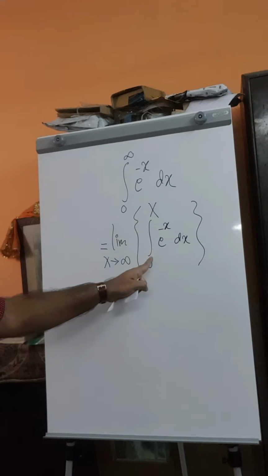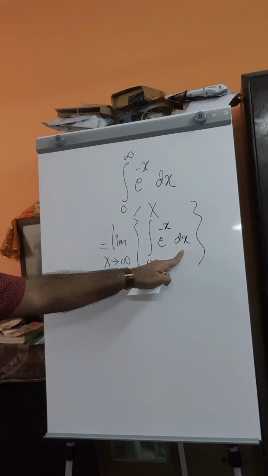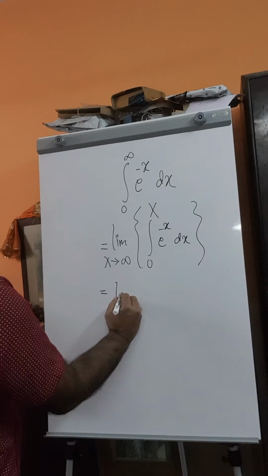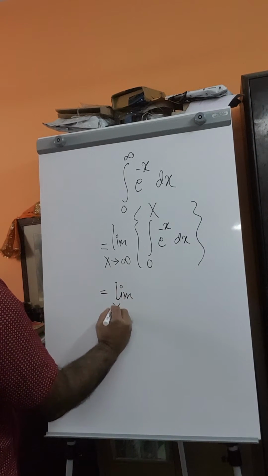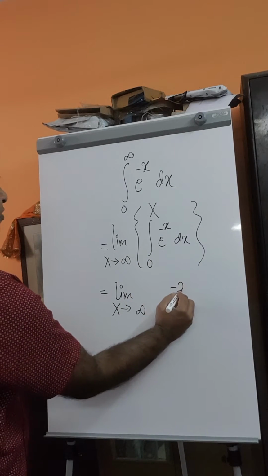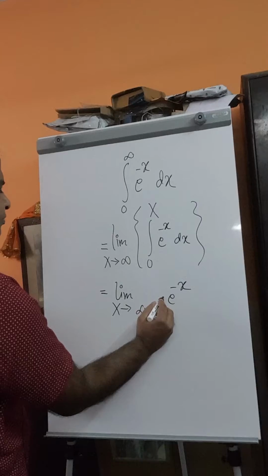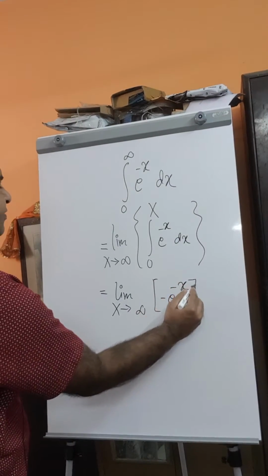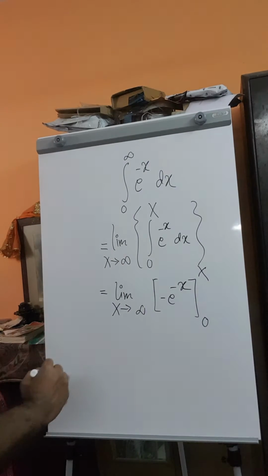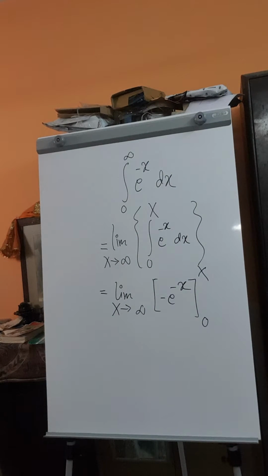Now here, as you know, integration of e to the power minus x dx is given by minus e to the power minus x. So here we have limit of X tending to infinity of minus e to the power minus x within the limits 0 to capital X, as we normally do in case of a definite integral.